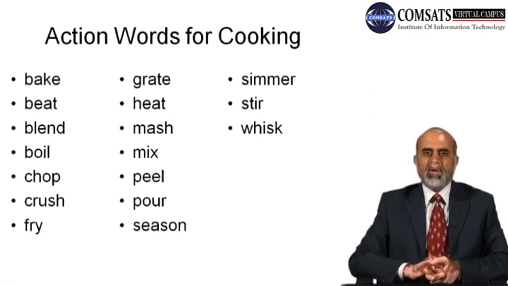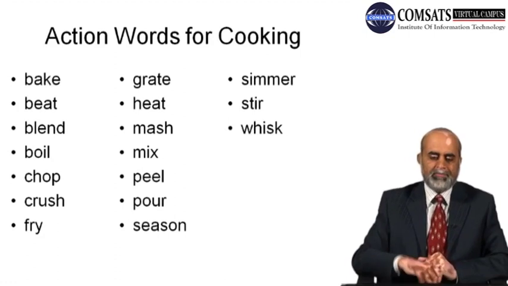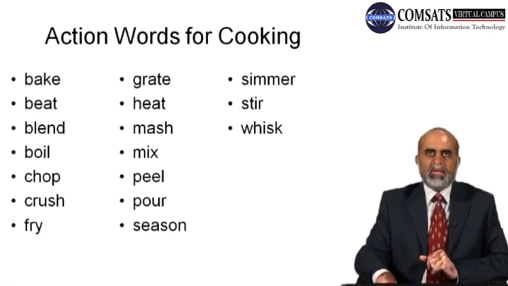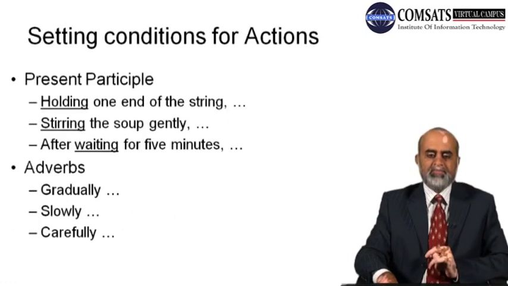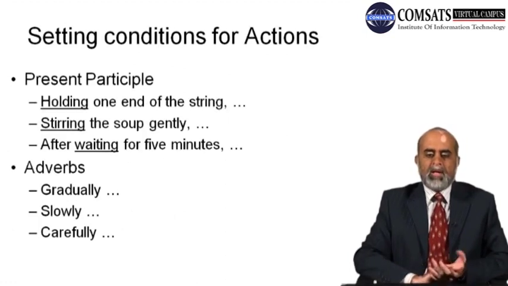So simmer is like boil, but it is boiling for a long period of time and on a low flame. Okay. All right, so these are some action words that you can use for cooking, and it is advisable that you make a list of such action words for other situations as well.